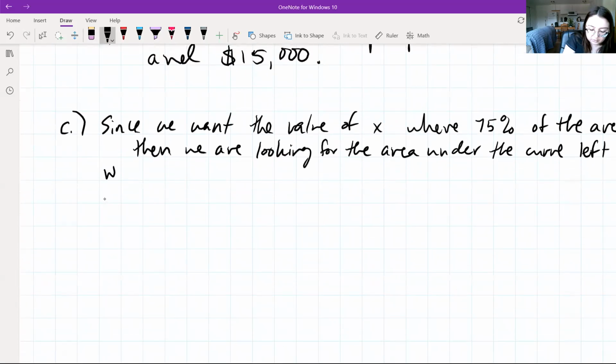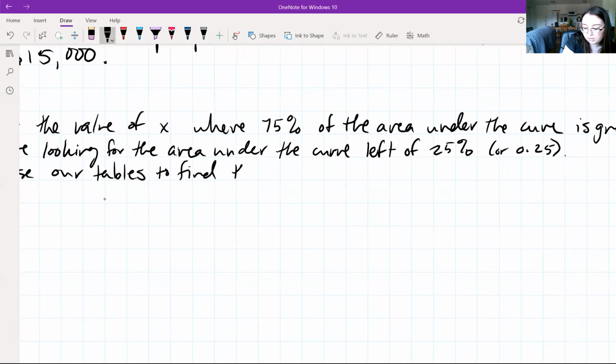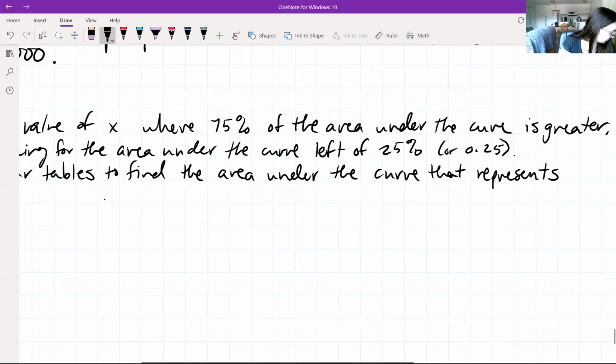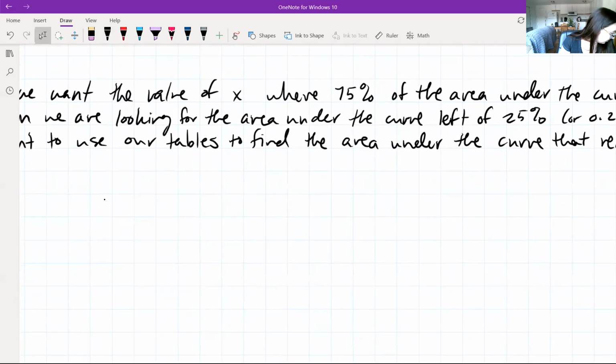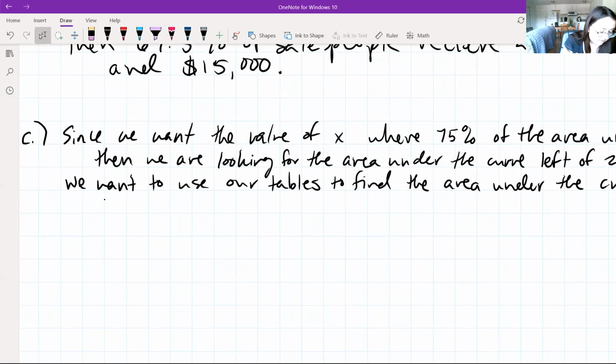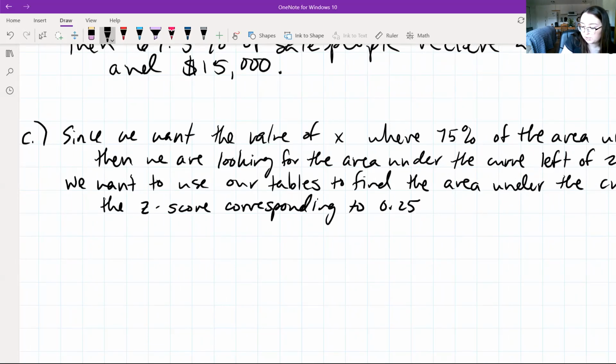So now we can say that we want to use our tables to find the area under the curve that represents the z-score corresponding to 0.25.